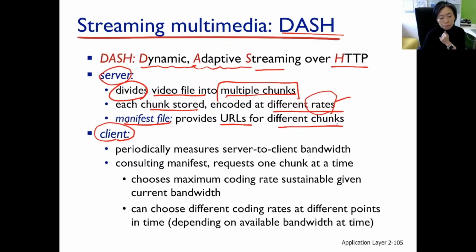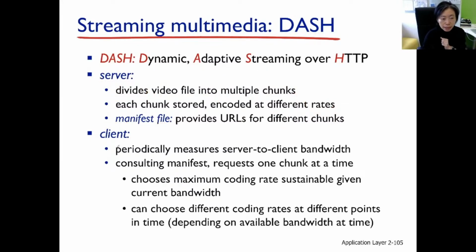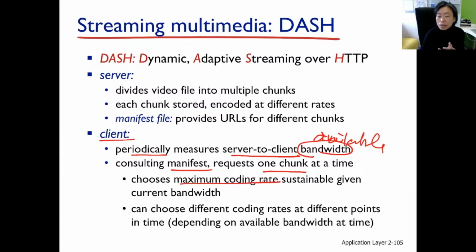Now, the client. What the client does is periodically measure the client-to-server or server-to-client bandwidth, which means exactly the available bandwidth. Then, given this bandwidth limit, it consults the manifest file and requests the chunk it is looking for at the time, and chooses the maximum rate such that it's under the bandwidth limit.